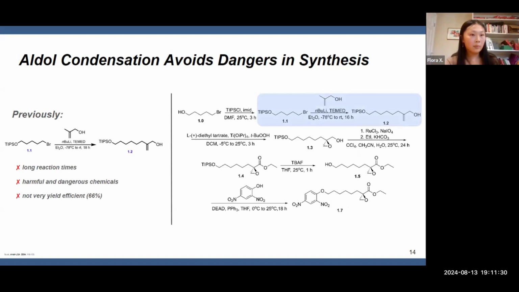This step uses n-butyllithium. If you don't know, n-butyllithium is pyrophoric, which basically means that it ignites on fire with the littlest bit of air, and even 1 part per million air will ignite it. And along with its long reaction time being 18 hours and the danger of the chemical, we'd have to constantly monitor it. And as high school students, we can't really do that as it's not really an option for us.